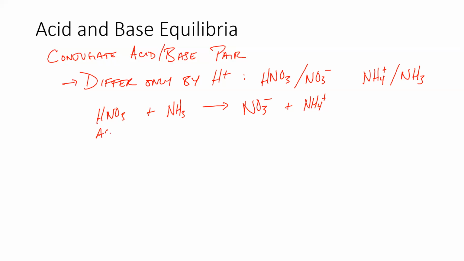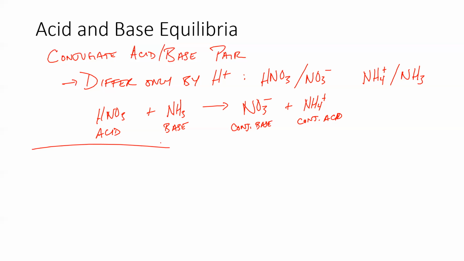We have our acid and our base. We don't call the reactants conjugates, right? We just call those acids or bases. And then whatever our products are, this is going to be our conjugate base of nitric acid, and this is our conjugate acid of ammonia, NH3. Okay. So that's just a little bit of a refresher, hopefully, about conjugates.